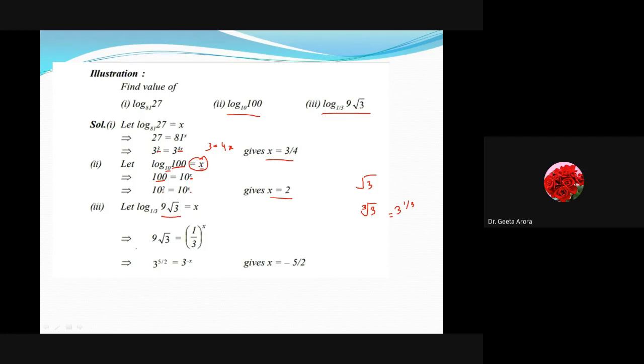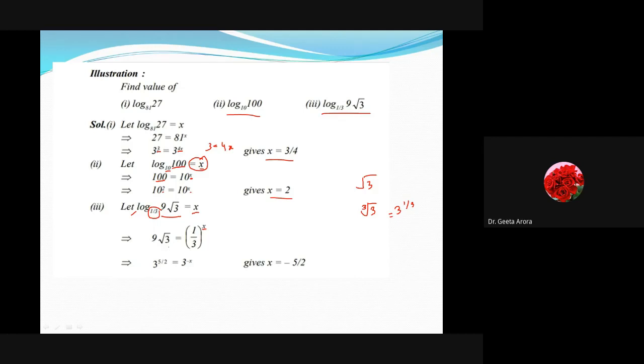We have said let this value be equal to x, or we can say 9 root 3 must be equal to 1 by 3, which is the base, raised to power x. This is what we have said according to the definition. So we are looking for that value of x.